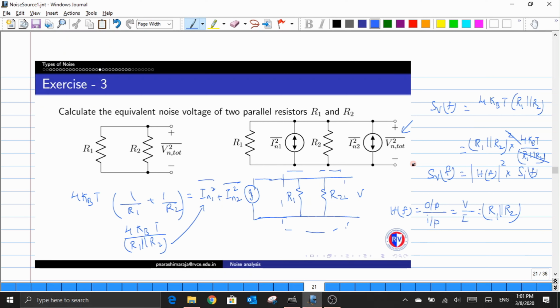So again, one could see that what we have got right now is nothing but the power spectral density, but what was being asked over here is the RMS value of the noise voltage source. So clearly one has to use the Wiener-Khinchin relation in order to convert this power spectral density into the mean square value or the variance.